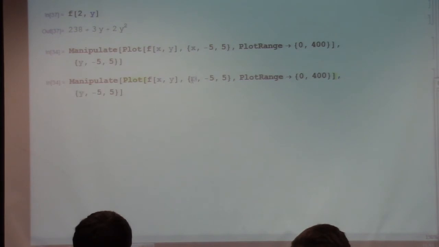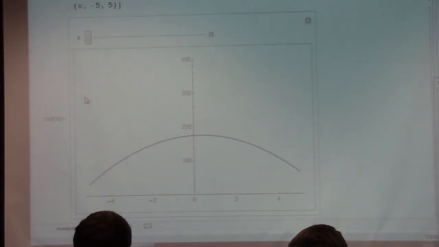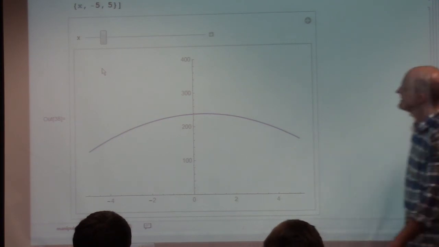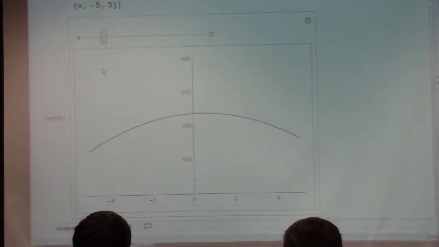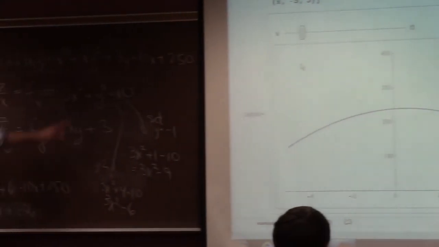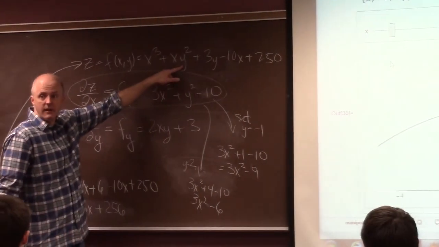Change this to a y, change this to an x. These are thought of as functions of y. The slider is changing x. And they're all quadratics. The one where it's, well, no, I guess it's not exactly horizontal. If you plug in constant values of x into this equation, you get a quadratic function of y, because there's the y squared there, and there's no y cubed anymore.